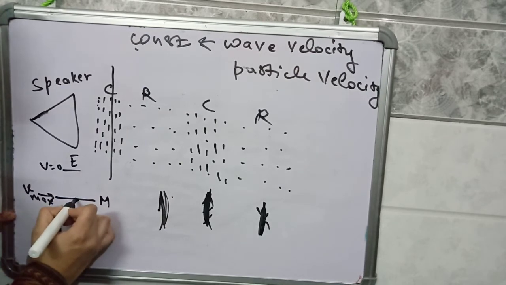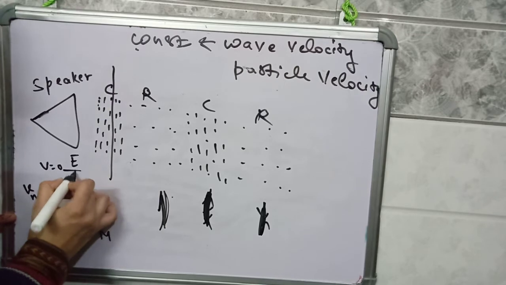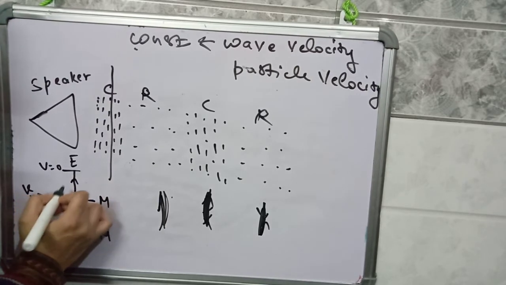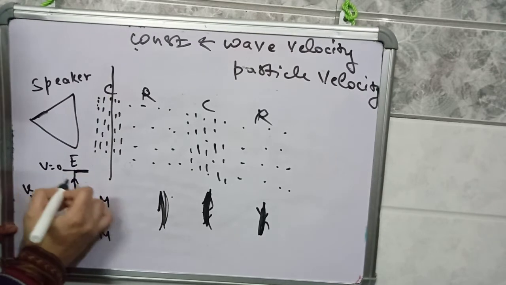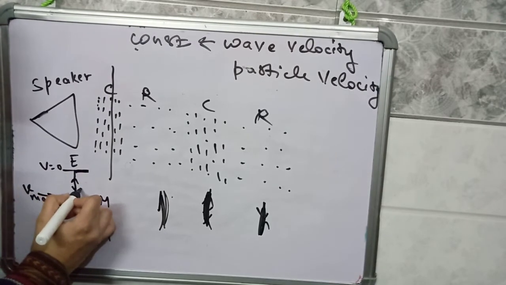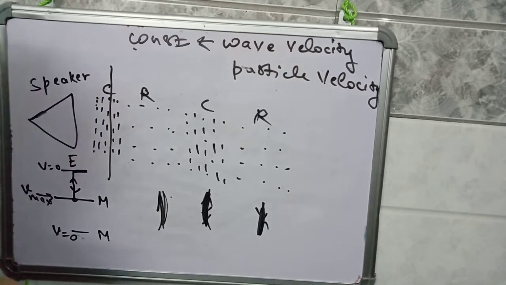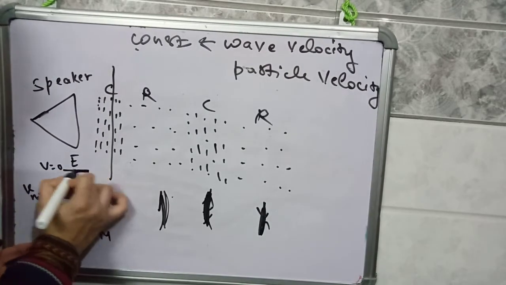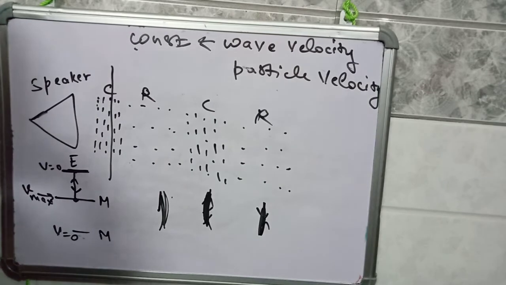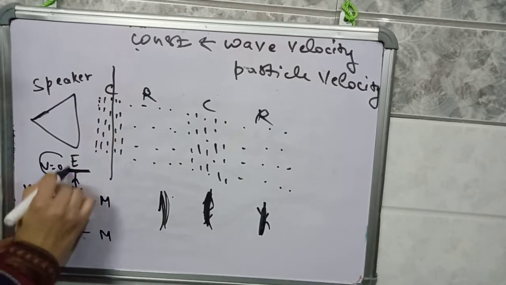Suppose the particle starts oscillation and goes to an extreme position. After reaching this extreme position, the particle will start coming back to the mean position. Why so? Because at this extreme position, the velocity of the particle becomes zero.